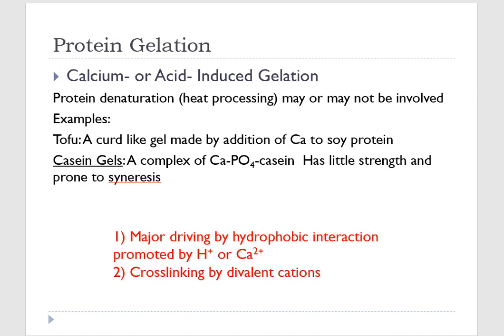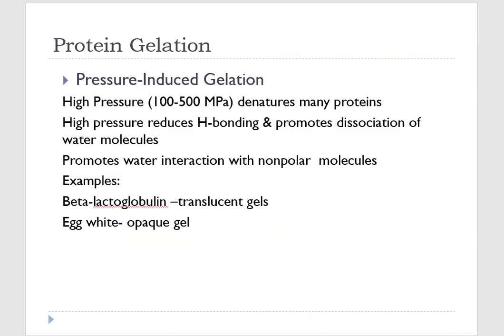Protein gels are also made by using calcium or acids. So here you see some examples. For example, tofu is an example of calcium-induced gelation. And casein gels, cheese, are an example of acid-induced gelation. Also, there can be some pressure-induced gelations.